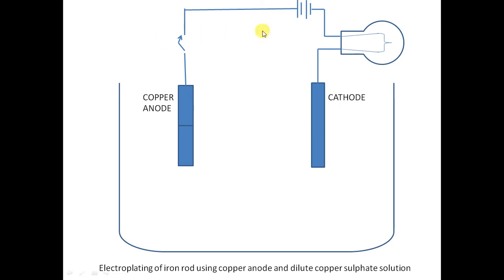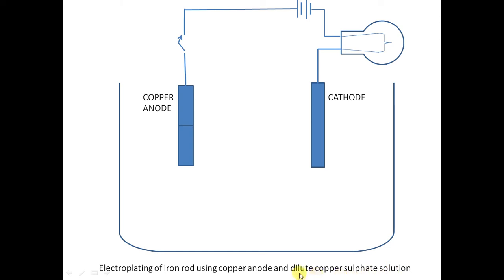Moving on further, the third is the nature of anode. The nature of anode theory is somewhat different from the theory of electrochemical series and concentration theory. Here we can see that the electrolyte which we are using is dilute copper sulfate solution.